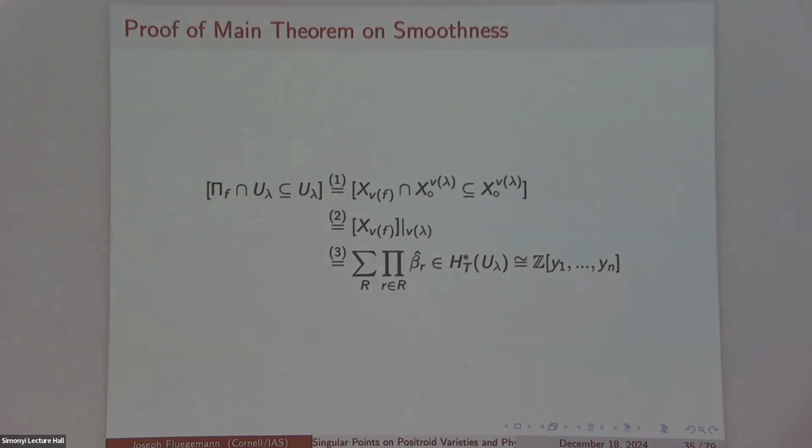So the object that we're considering to use this theorem would be the class of this Positroid variety on U sub lambda on this open set. And there's these results in this thesis by Michelle Snyder that Daoji mentioned last week, that gives a stratified isomorphism between these and these Schubert varieties in the flag manifold.